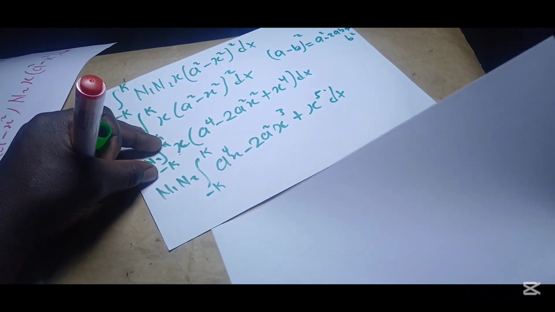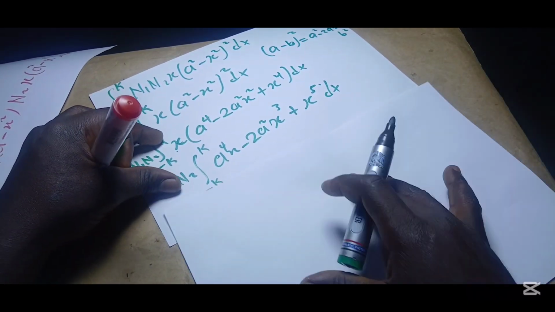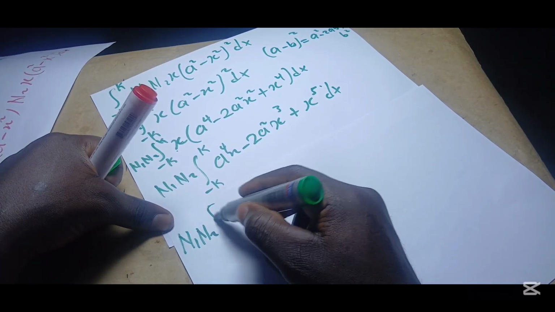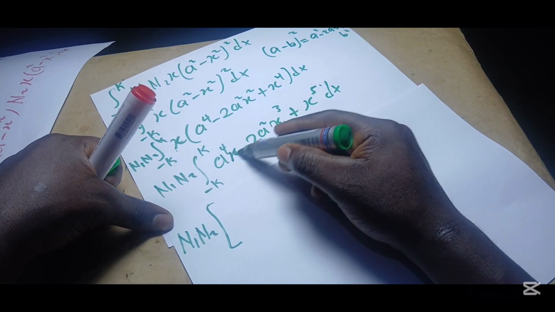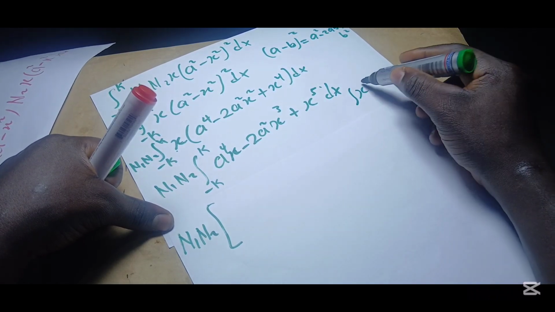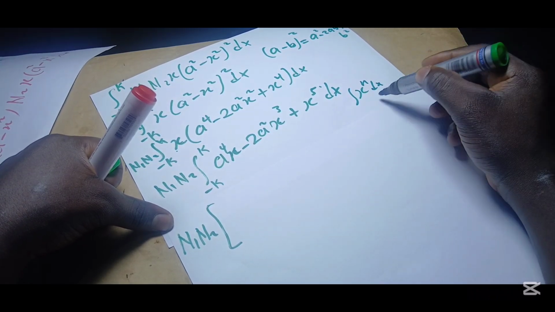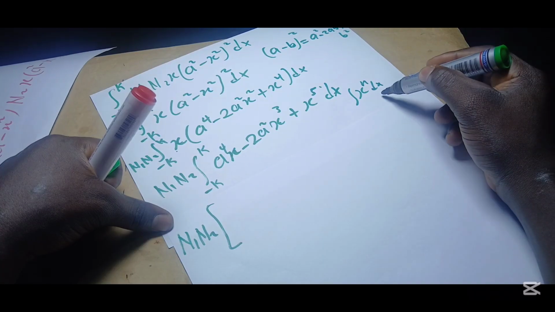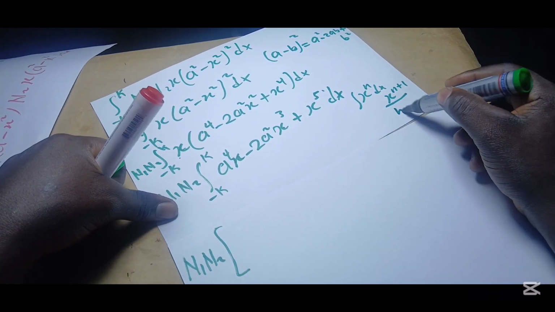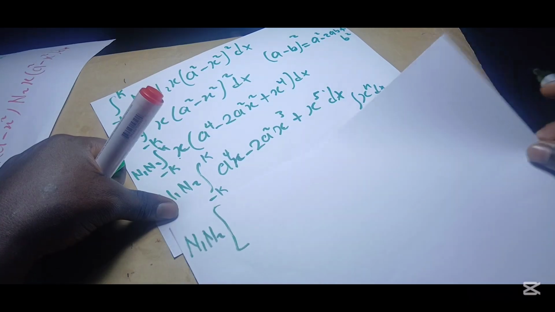So now what next? Let's integrate. So N1 N2, we are integrating with respect to x. So if we have x to the power n, when we integrate, the power will increase by 1, so x to the power n plus 1, and we divide everything by n plus 1. So let's do that.